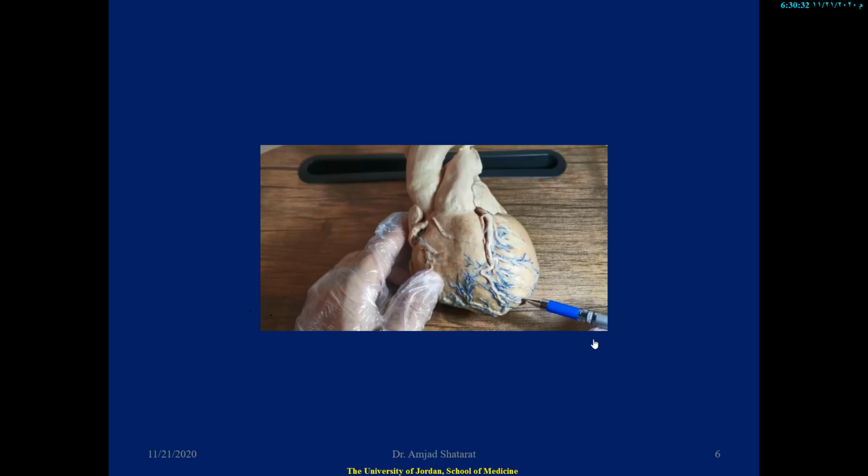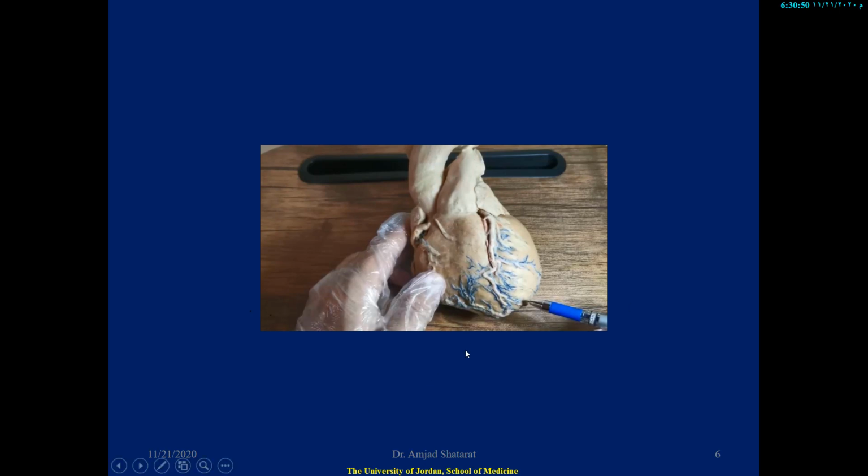It is directed downward, forward, and to the left. It lies posterior to the left fifth intercostal space, usually 9 centimeters from the midline, or a hand's breadth from the median plane. Now the apex of the heart is very important.